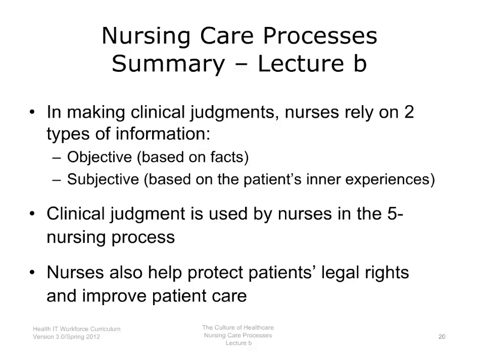Nurses use their clinical judgment skills when following the 5-step nursing process for treating patients. The nursing process includes assessing the patient, diagnosing the problem, creating a plan of care, and evaluating the plan of care. Along with providing patient care, nurses can play important roles in protecting patients' legal rights and improving patient care.